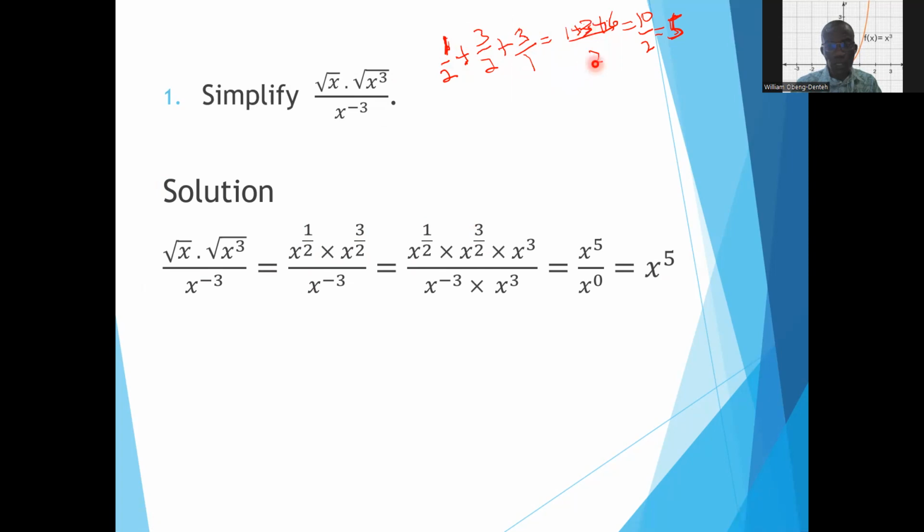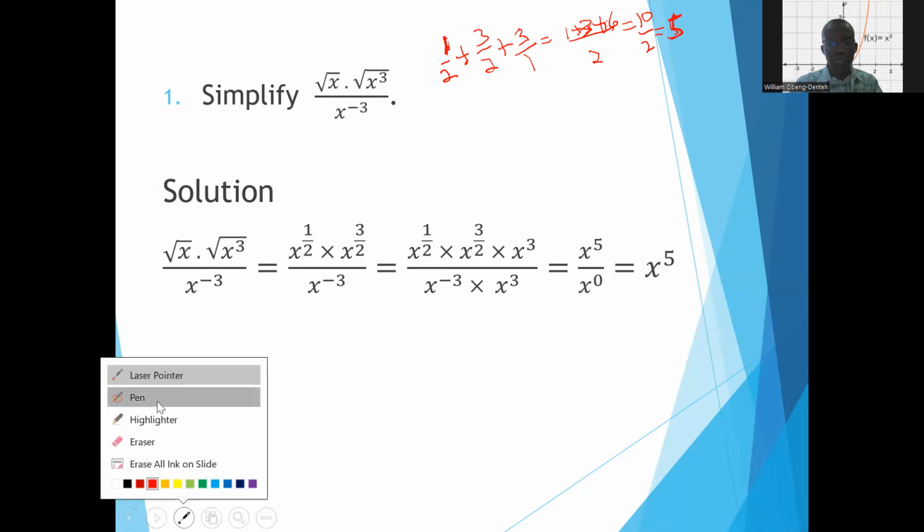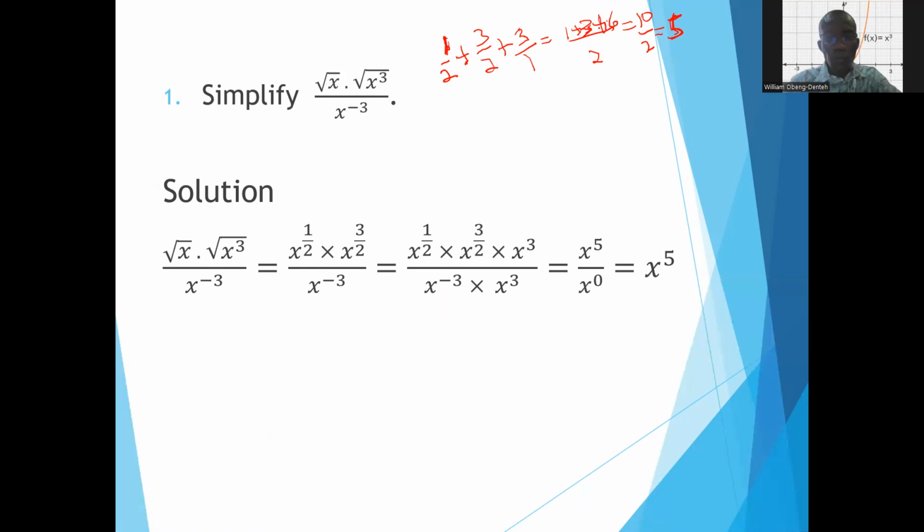And then 1 divides 2, 2. So 2 times 3 is 6. When we add all of them, then we shall actually get 10. And when we get a 10 over our 2, and then when we simplify, we get 5. Okay, so we get 5.